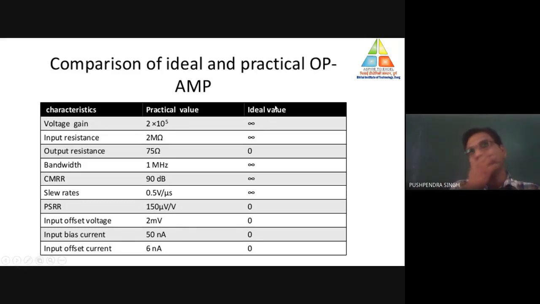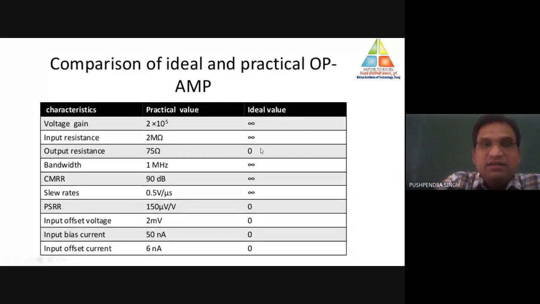Why? Because the operational amplifier is developed by cascading differential amplifiers and transistors. So stage by stage there is amplification of the voltage. It is being developed only for the purpose of amplification. That's why the value of voltage gain should be infinite.